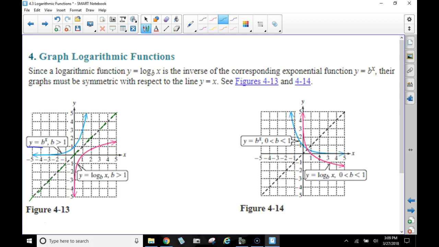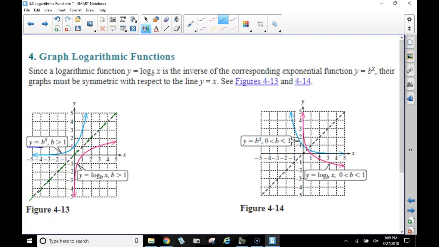What was the domain of an exponential function is now the range of a logarithmic function. And what was the range of the blue exponential function is now the domain of the pink logarithmic function. Interesting. Okay?